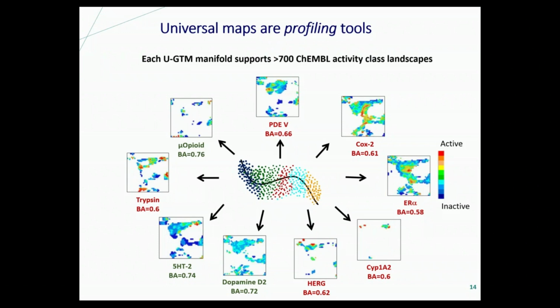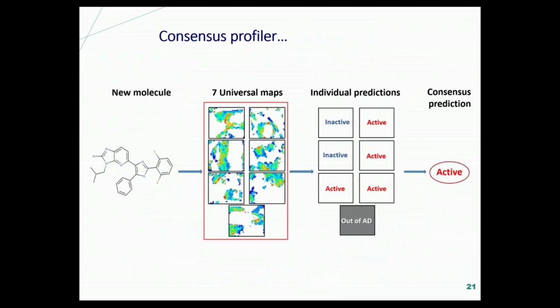Mu opioids is the same, but we have one map, many models, which makes GTM actually a very good pharmacological profiling tool. And we use several maps. These are based on different molecular descriptors. Some are better descriptors of the molecular topology. Some are better descriptors of the molecular topological pharmacophore. And each of the maps is allowed to make a prediction. And then some maps will say, I don't know how to predict this guy.